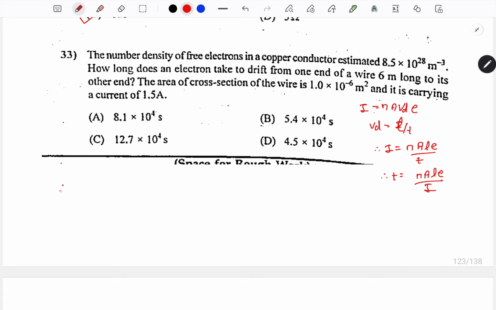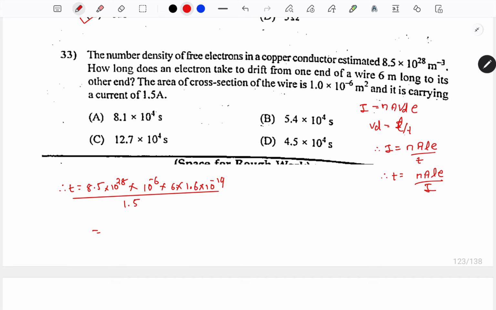And now we have to put only values in this question. 8.5 into 10 to the power 28 multiplied by A. A is given 10 to the power minus 6 multiplied by 6 into 1.6 into 10 to the power minus 19, the charge of the electron, divided by 1.5.